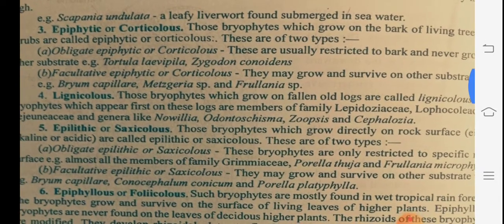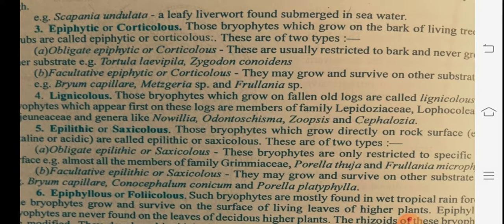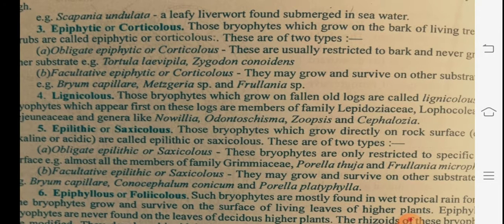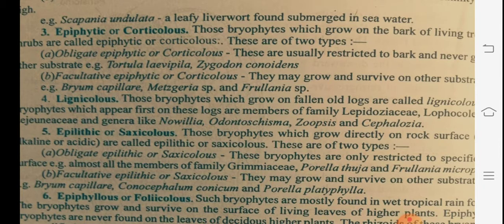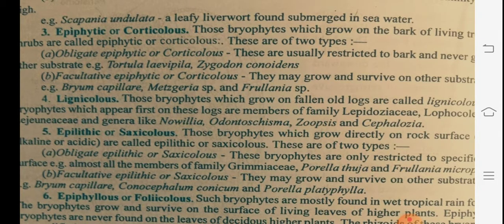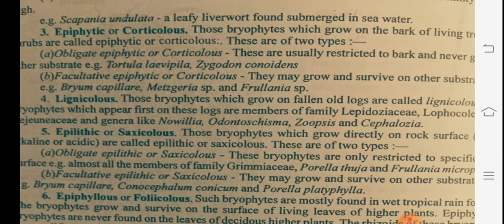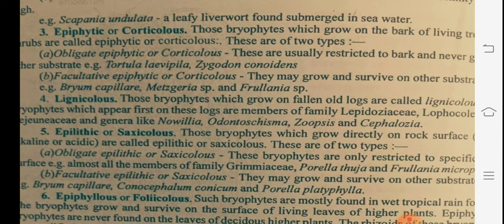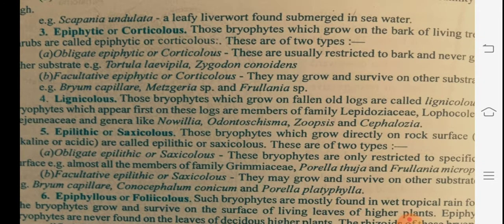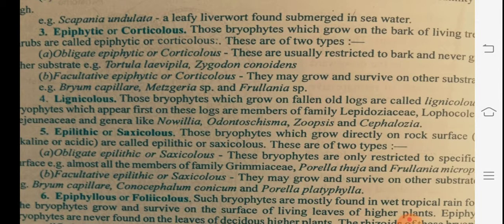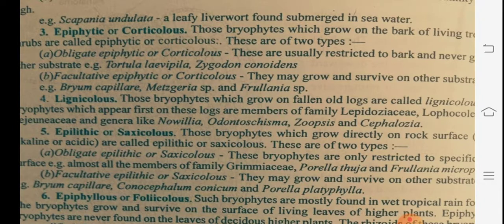Obligate means these are usually restricted to the bark of the same plant; they never grow on other substrates. Good examples are the moss Tortula, Leptodontium, and Zygodon. In facultative, there are Bryum, Metzgeria and Frullania. Bryum is a moss, but the other two are hepatic members. Frullania is leafy, and they grow and survive on the substrate.